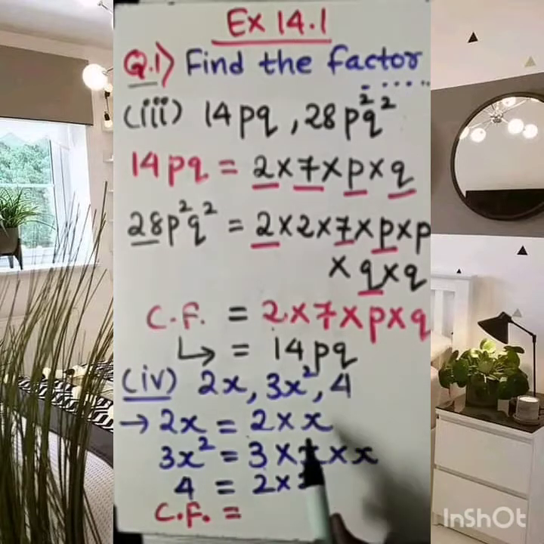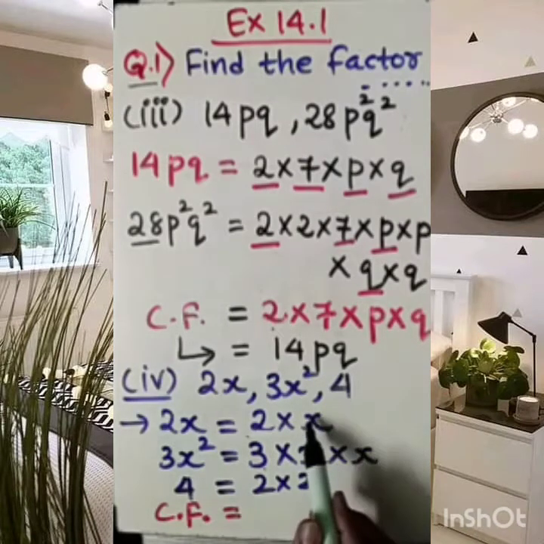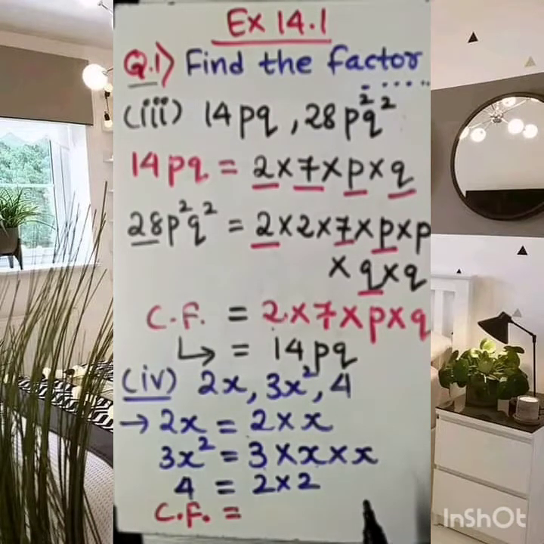Now x is present here and here, but not here, so we can't take out x as common. So in such a case where nothing is common, dear student, please consider 1 as a common factor. As we know, 1 is a common factor of each and every number or term. So this is the required answer.